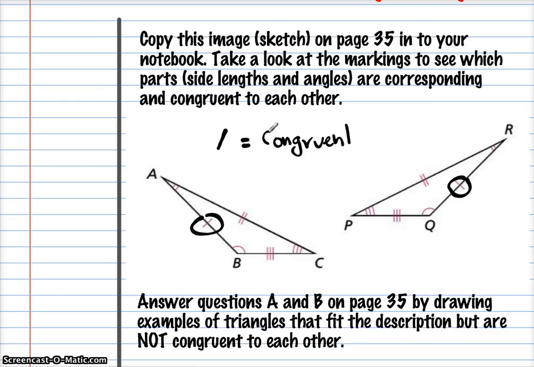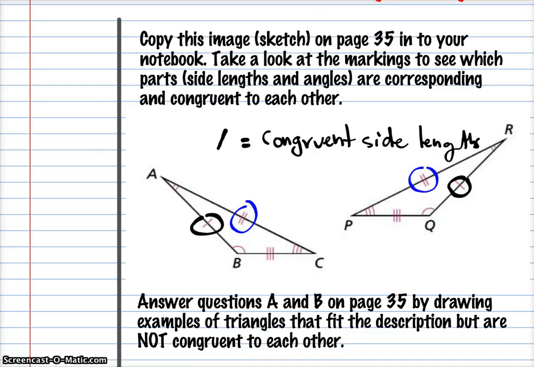Congruent side lengths. Okay, now the number of hash marks determines which ones are congruent to which. Because that's one hash mark each, this side is congruent to this side. If there are two hash marks, this one is congruent to this one.